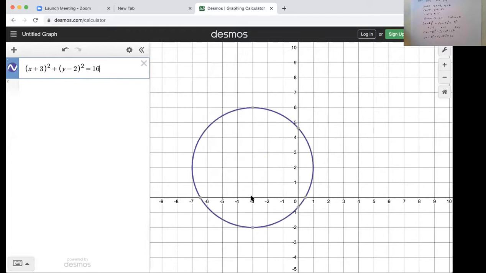And sure enough, -3, 2 sure looks like the center. And the distance from there, 1, 2, 3, 4, looks good.